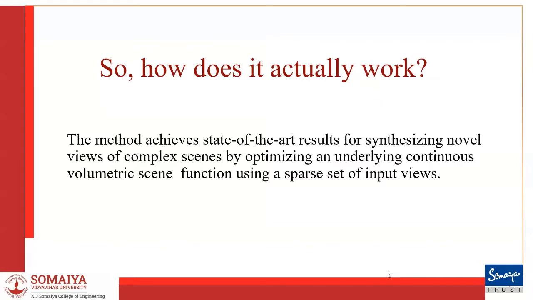It states that the task of the model is to synthesize novel views of complex scenes. That is, views of the object at hand from different viewing directions and spatial locations of which we have no images. So what does this mean? This means, for example, you have taken an image of a flower. You have taken it from a specific camera location, right? Like some XYZ coordinate from the object.